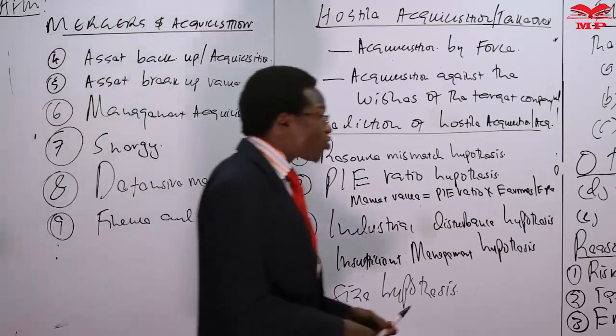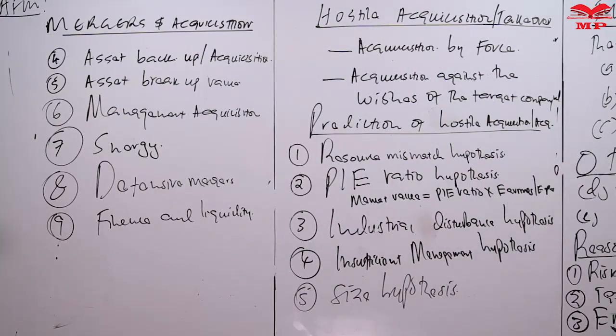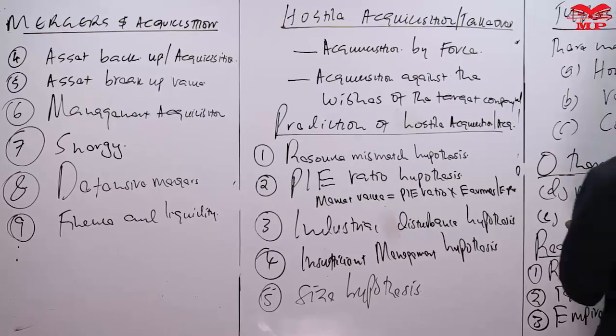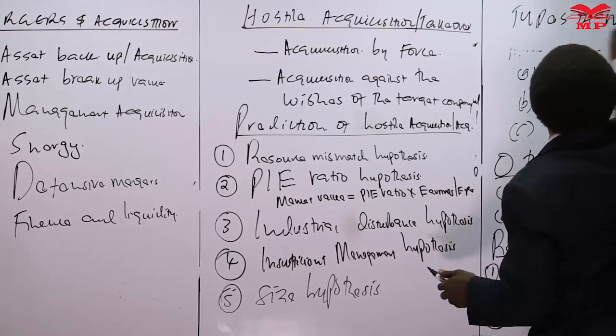We'll want to look at the strategies. What are the strategies that are at the disposal of the target company in avoiding a hostile takeover?